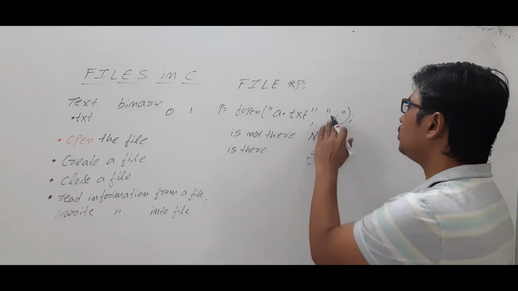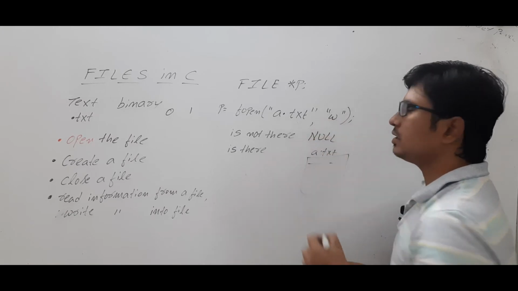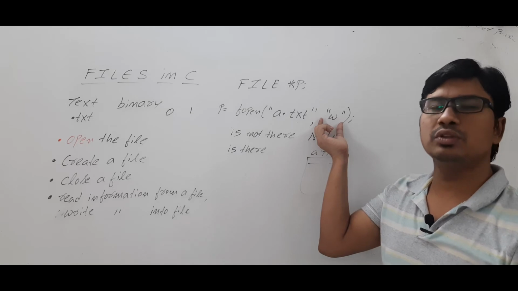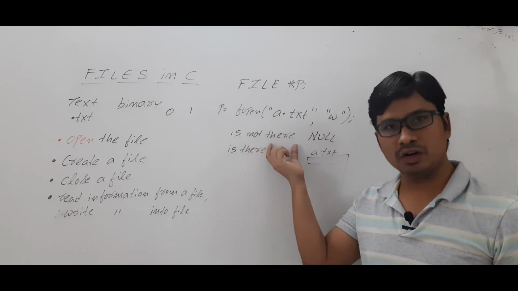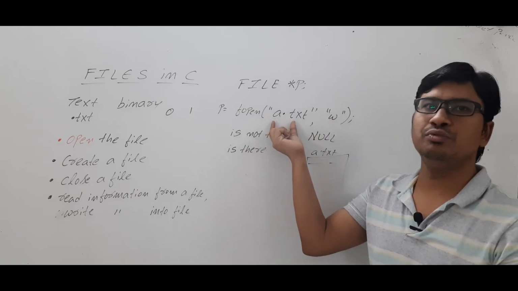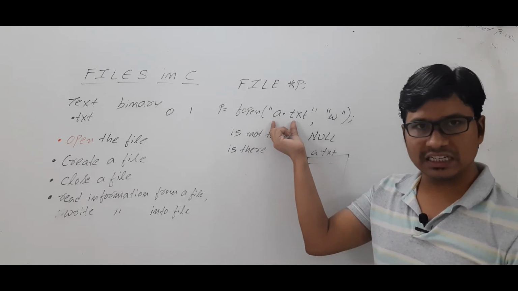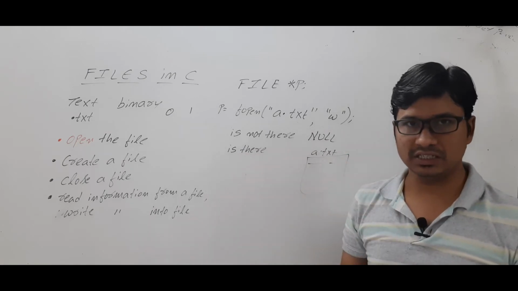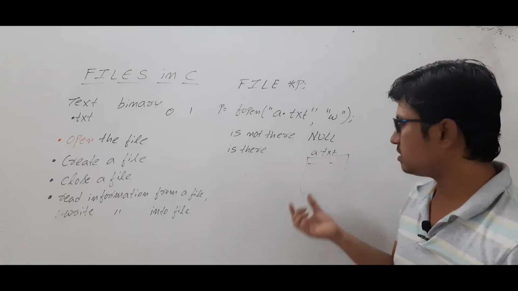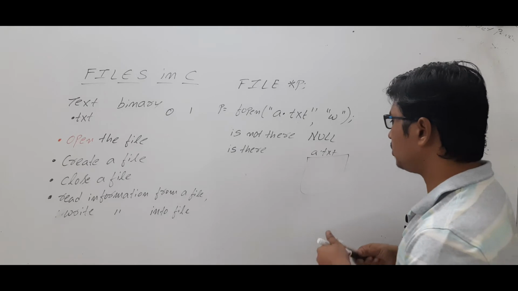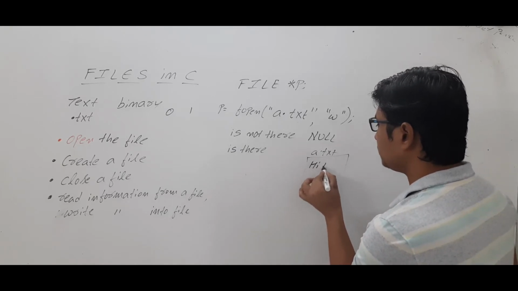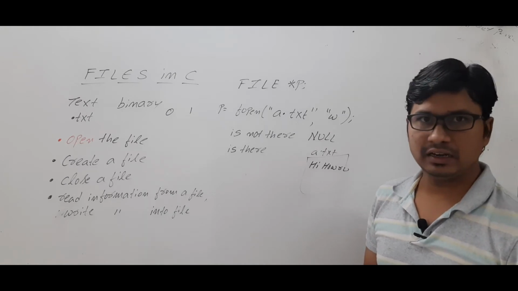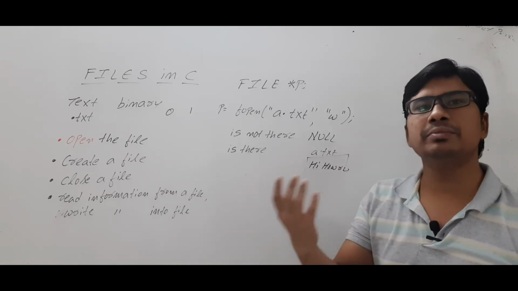If it is write mode, you have written the same statement, and you have modified the mode to write. Then if the file is not there, it will create a new file with the name a.txt and open it. If the file is there with some information, suppose a.txt has the information "hi, how are you", then it will open the file, but all the existing information will be lost.